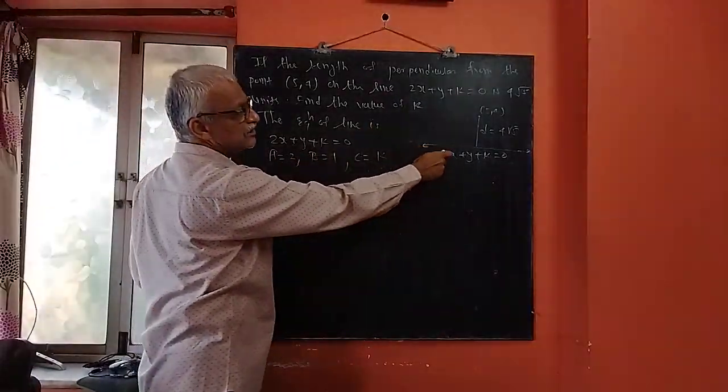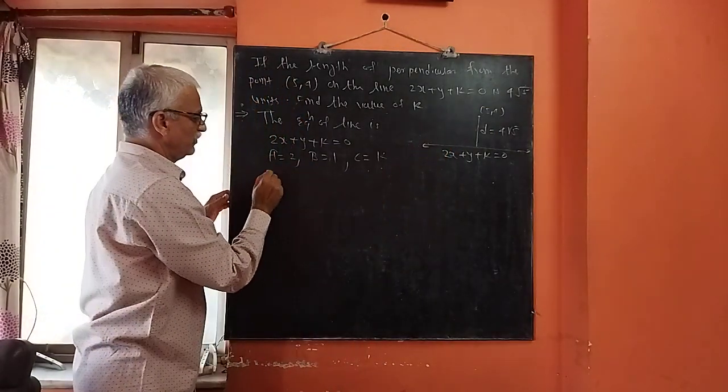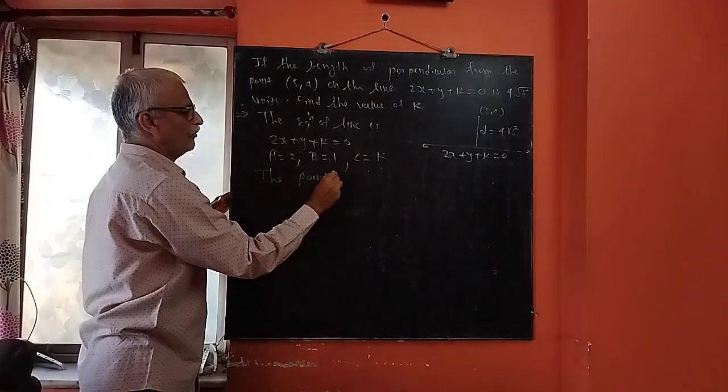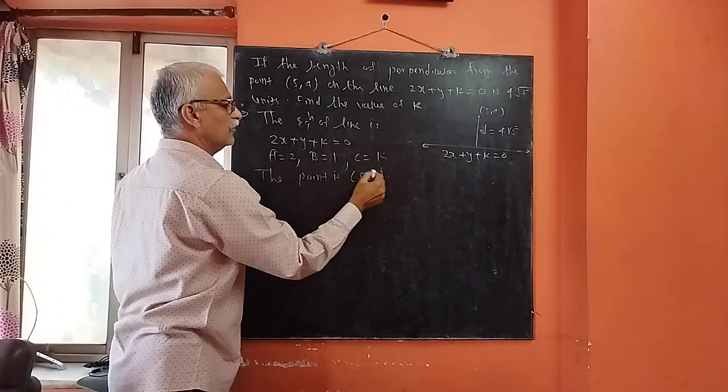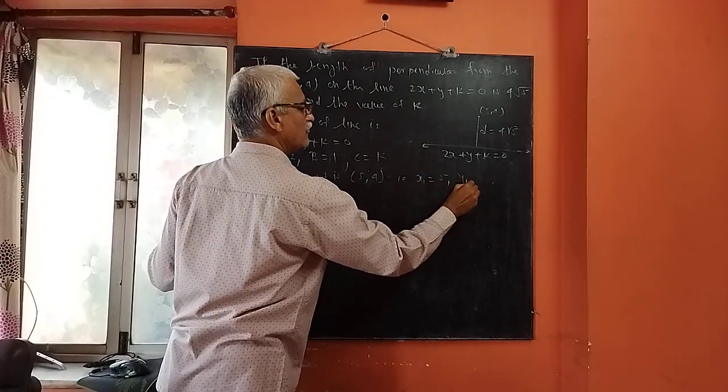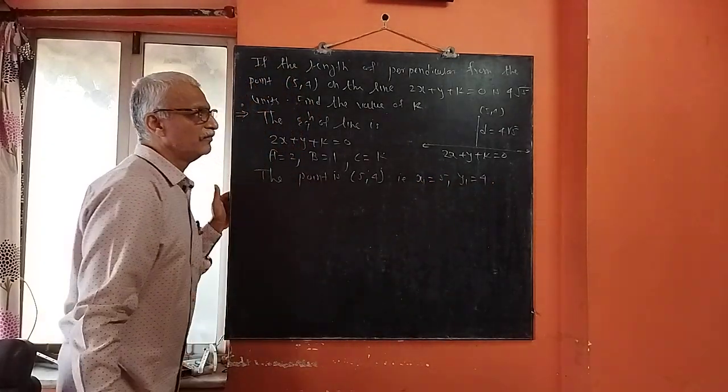What is the point? The point is 5, 4. That means x1 equals to 5 and y1 equals to 4.